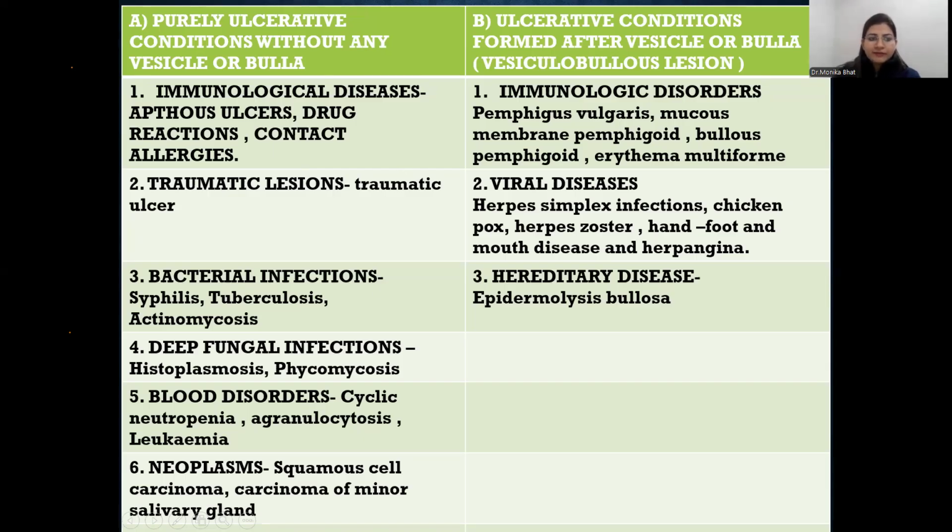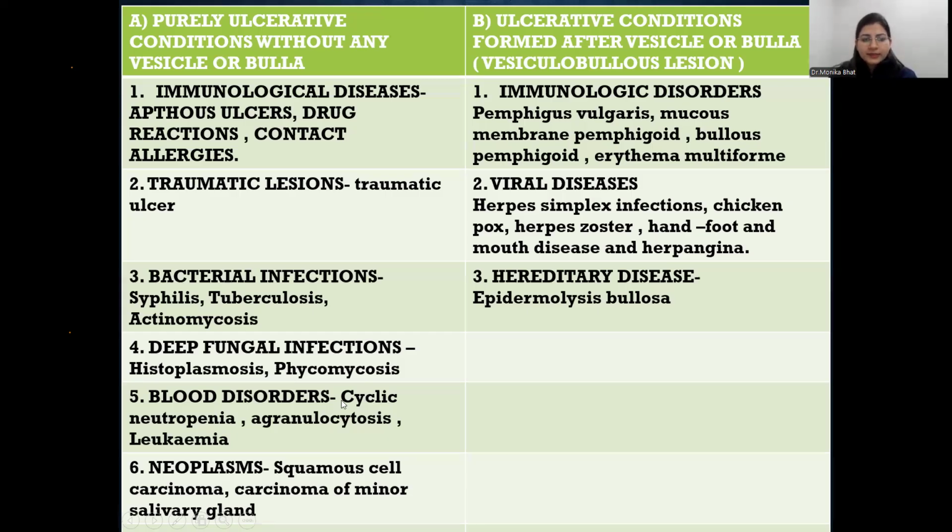Then the bacterial infections like syphilis and tuberculosis, where tuberculous ulcers and syphilitic ulcers are there, actinomycosis, and deep fungal infections, like mucormycosis, which was seen in previous years, and histoplasmosis. Then blood disorders, where we have cyclic neutropenia. If there are disturbances in the blood components, in those cases also we can have ulcers.